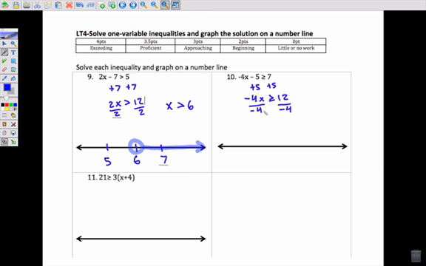And so since I'm dividing by a negative, I do have to flip the sign. So that flips this sign from being a greater than or equal to a less than or equal to. And 12 divided by 4 is negative 3. So my answer, x, is less than or equal to negative 3.